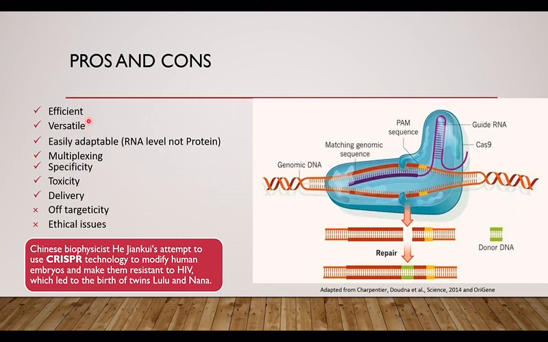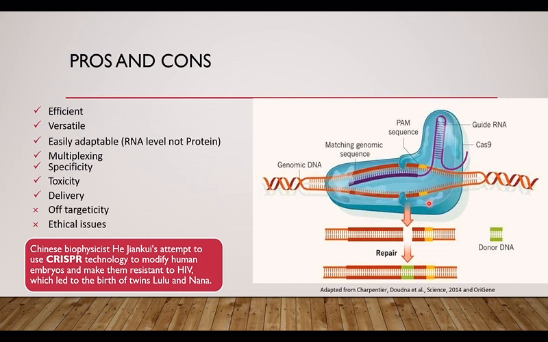He did not follow the protocols properly for permissions and all those things. So this is again a concern. It is not as easy as that. We need to get all the permissions to perform research on human individuals, and particularly in vivo models. So we have to address that also.